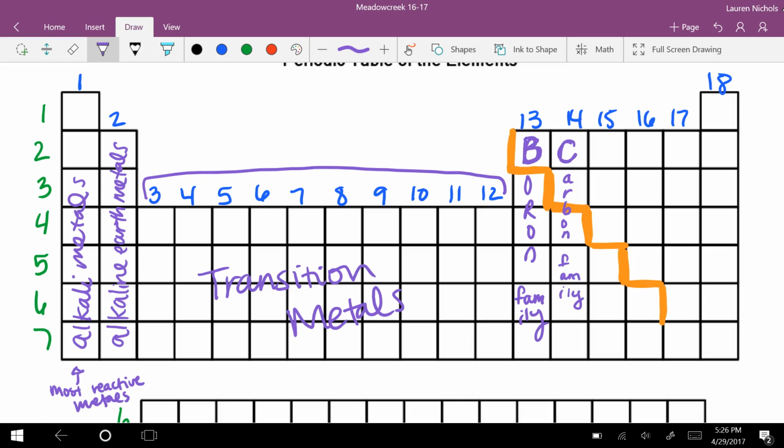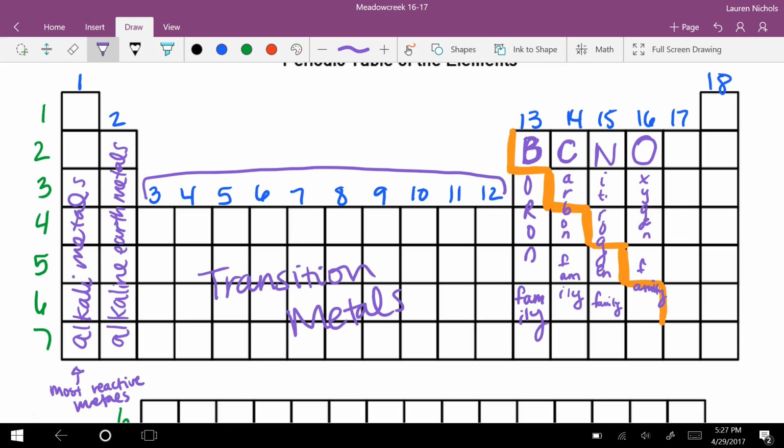The next one is nitrogen, and you guessed it, this is the nitrogen family. And then we have O. This is the oxygen family.